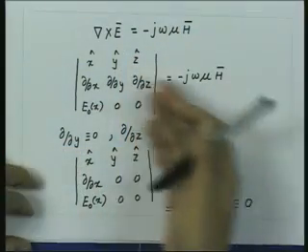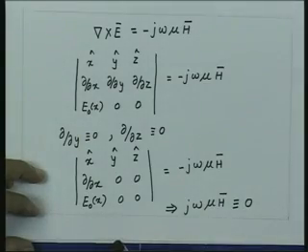However, as we know from Maxwell's equations, the electric and magnetic fields are coupled. So if the magnetic field does not exist in the time varying case, the electric field also cannot exist. Since there is no H in this case, the electric field also cannot exist. So this field has to be identically 0.